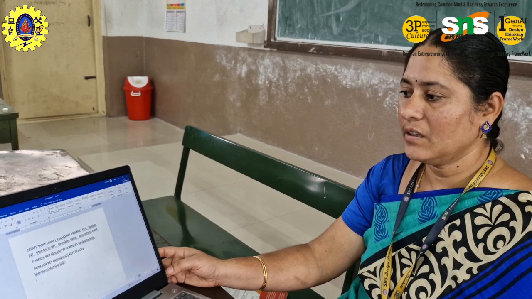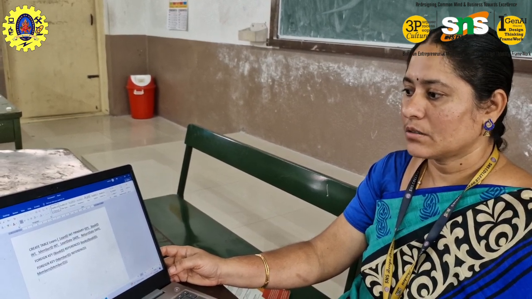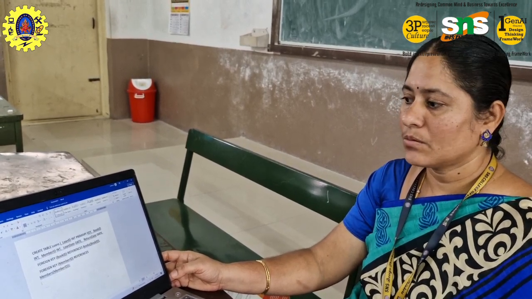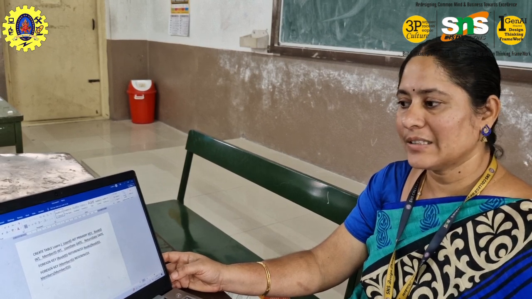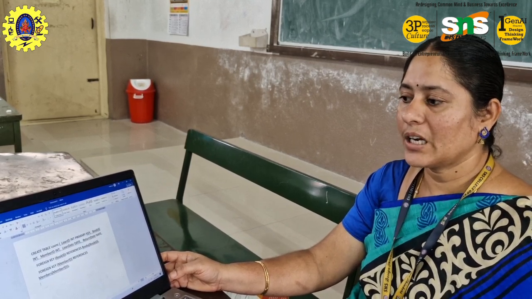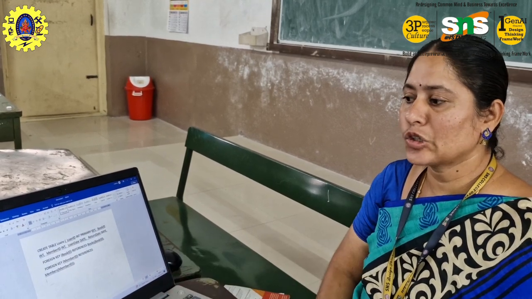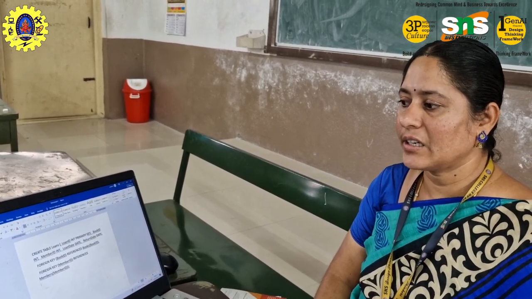Exactly. Here is the loans table with foreign keys. Now we will see how to create the loans table. Create table loans, loan ID int primary key. Loan ID denotes the column name, int is the data type. Primary key is used to uniquely identify loan ID. Book ID is a column name, int is the data type. Member ID is a column name, int is the data type. Loan date is a column name, date is the data type.